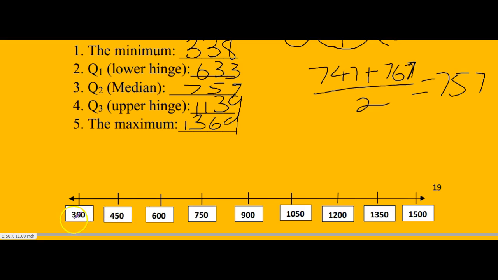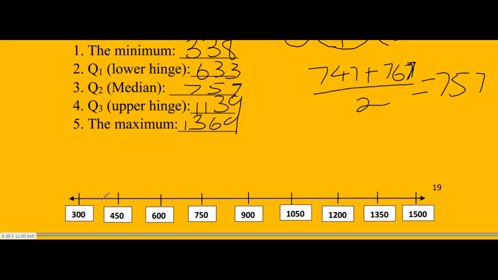If you subtract 450 minus 300, you get 150. 600 minus 450, 150. 750 minus 600, 150. So the space between each of these points is 150. Otherwise it will not show the correct distribution of the graph. So in between these two numbers, we find 338.